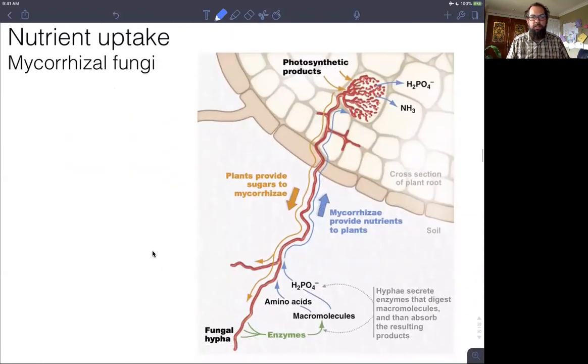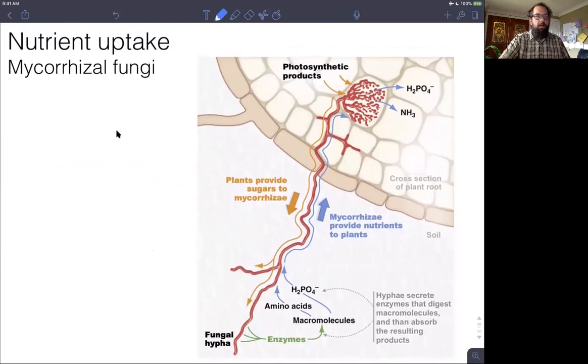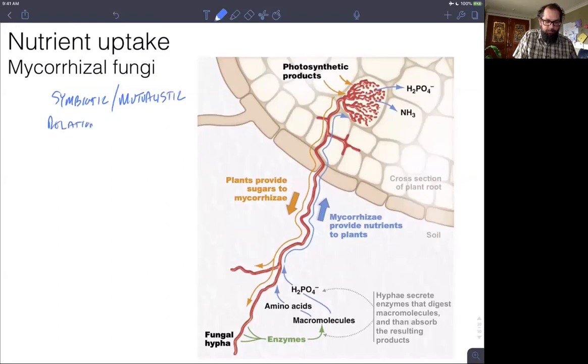And this association is called mycorrhizal. Mycorrhizal fungi are fungi that have a symbiotic, and I can go farther and say mutualistic, relationship with plant roots.